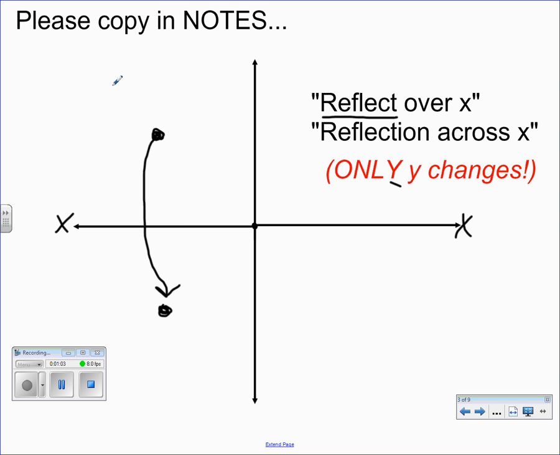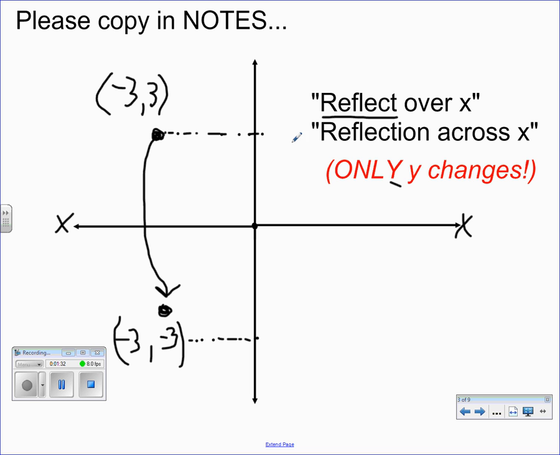So say this had been -3, +3. Now it's still -3. Remember, the first one is x, so x didn't change. But now the second number is -3, because that tells you what it is on y. And look where we are on y now.